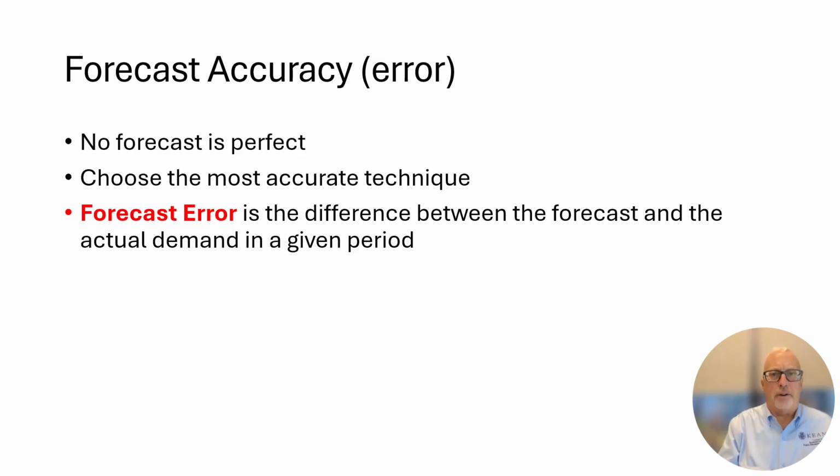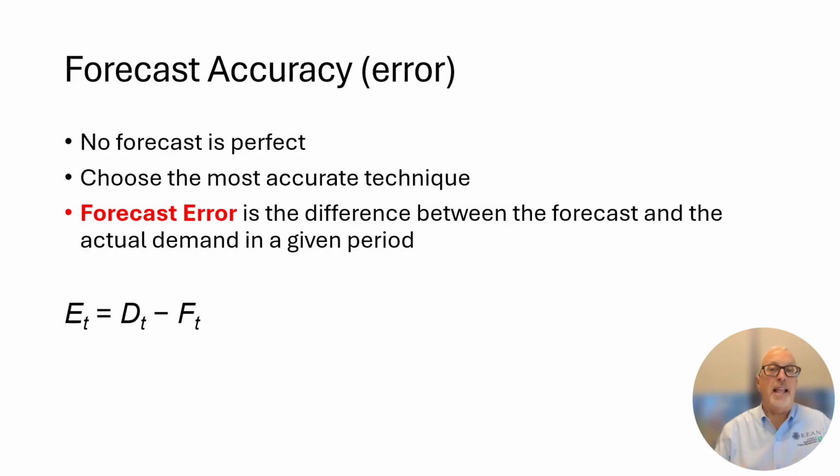So forecast error is very simply the difference between the forecast for the period and the actual demand. So we always have to look back in history and say, well, I forecasted that I would have, let's say 200 customers come at lunchtime, but I only had 180. So here's the formula: D, your actual demand, 180, minus the forecast, 200.